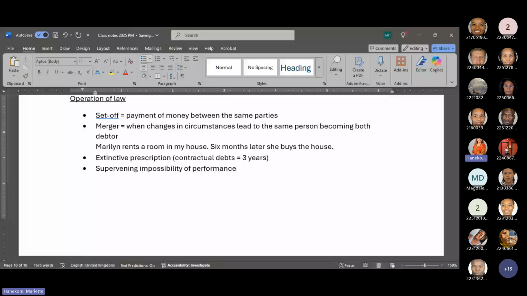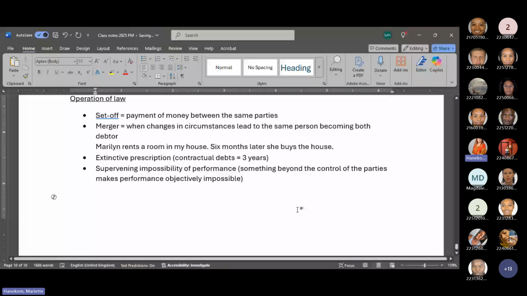So if something happens after the contract was entered into, which is not in control of the parties, makes performance objectively, so not if you lose the money that you have to pay, but objectively impossible, then the contract will come to an end, the contract will terminate.